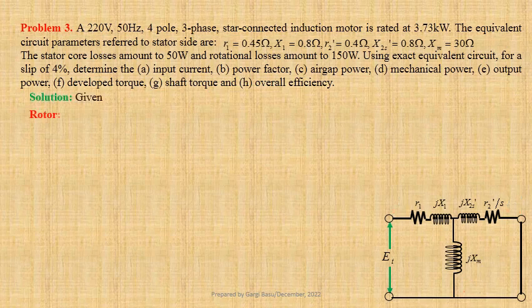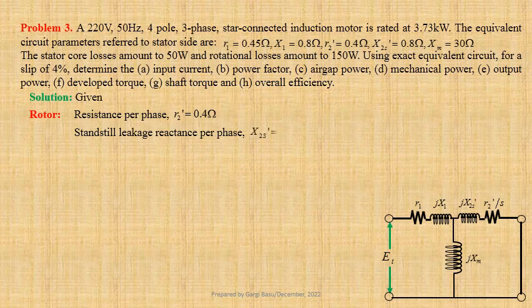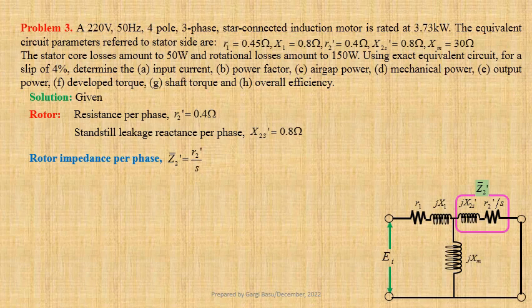For rotor winding, resistance per phase referred to the stator R2' equals 0.4 ohm and standstill leakage reactance per phase X2S' equals 0.8 ohm. For any value of slip S, expression for rotor impedance per phase referred to the stator Z2' equals R2'/S plus jX2S'.